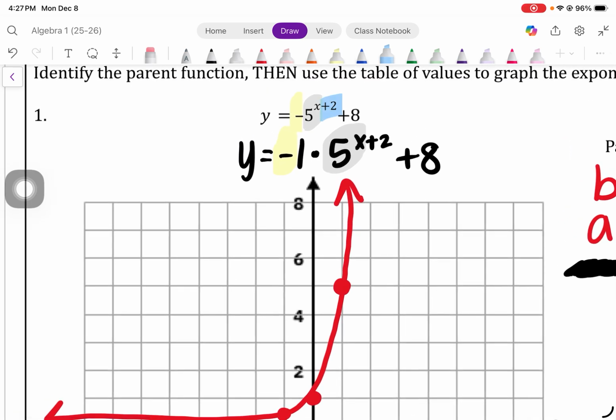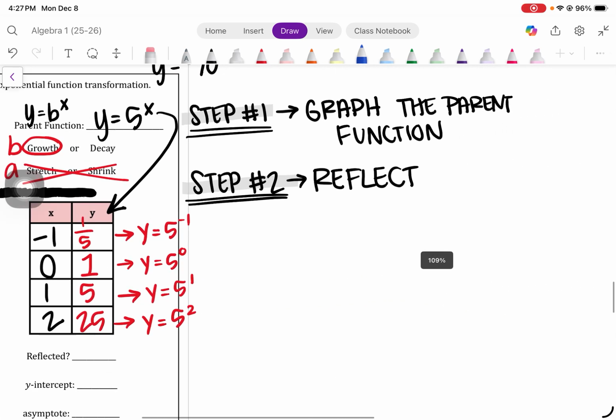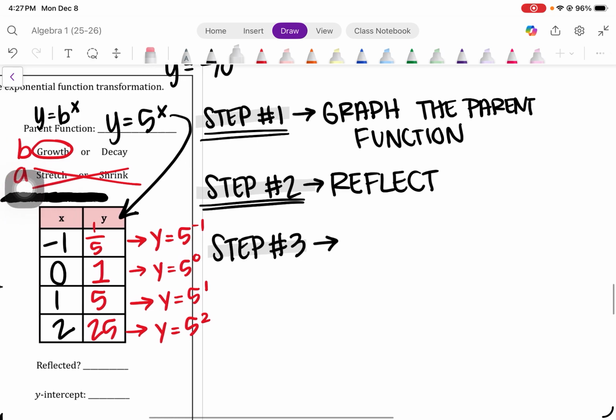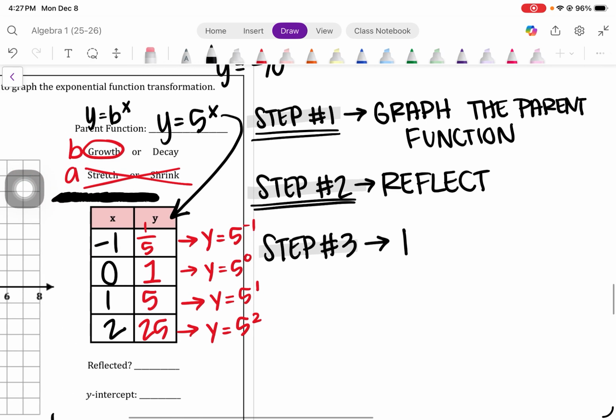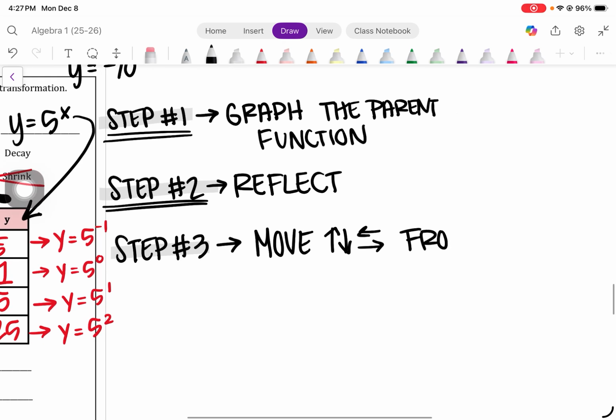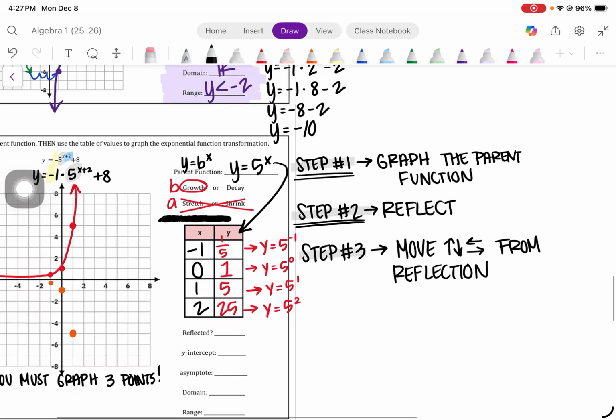The next thing we're going to do is identify our shifts. So after you reflect, step number 3 is move either up, down, left, or right from the reflection. Okay, you don't go back up to the parent function and move from the parent function.